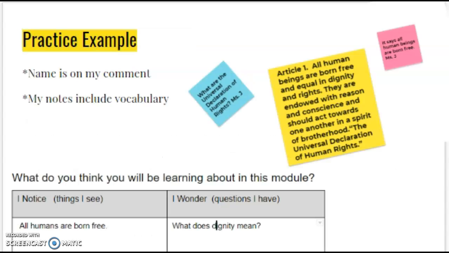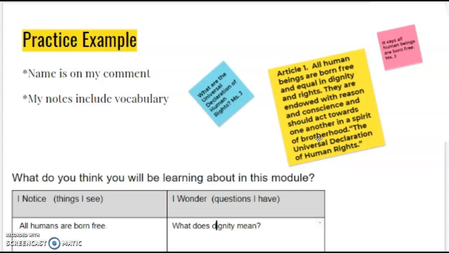Alrighty, so as you are working, these are the 2 things that you're going to be doing. So here's your practice example. In your Jamboard, you're going to have your artifact, which is in the center of the Jamboard, in a yellow sticky note. And in this case, this is Article 1: all human beings are born free and equal in dignity and rights.